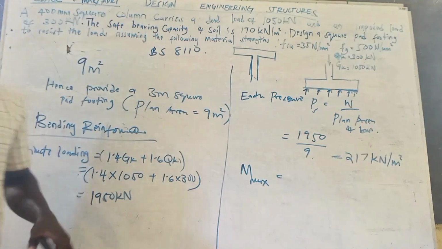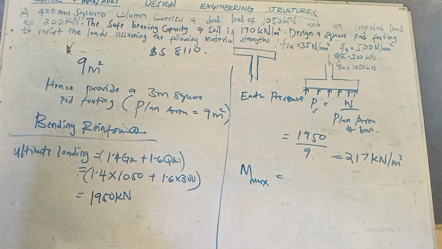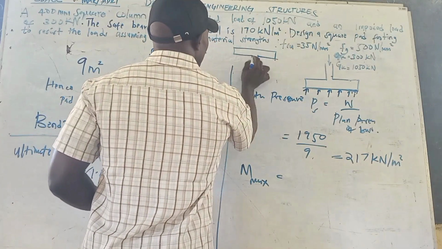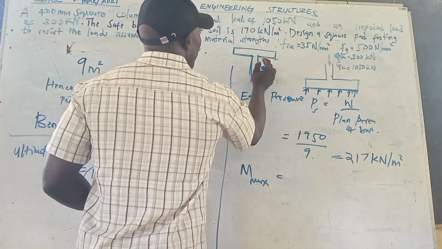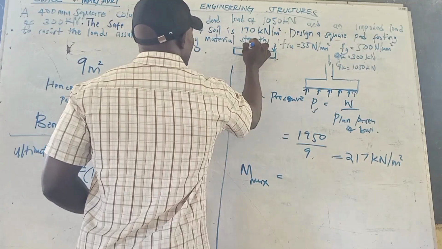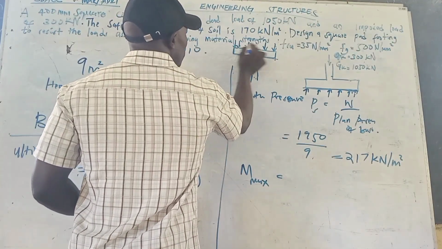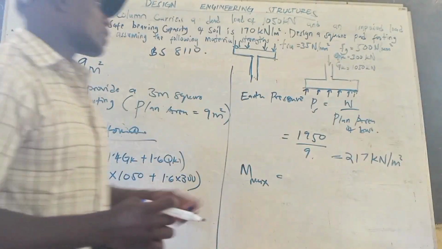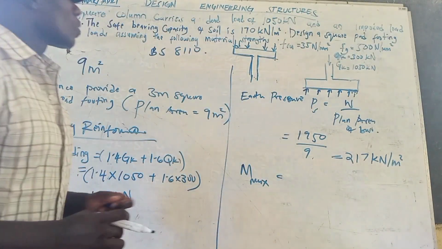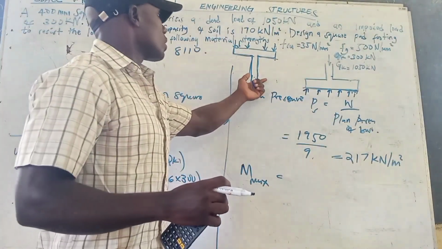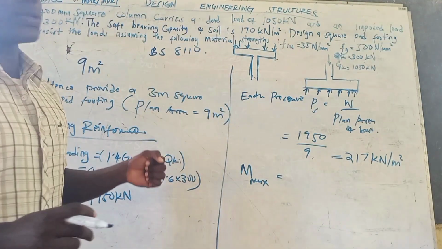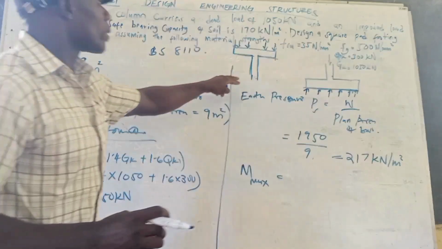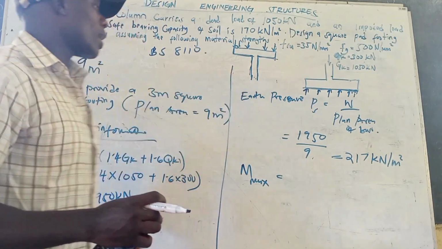Then the overhanging parts of the concrete base, this part here, now act as a cantilever due to the pressure acting from the soil. So when you put it this way, it is easy to understand why we consider it to act as a cantilever.